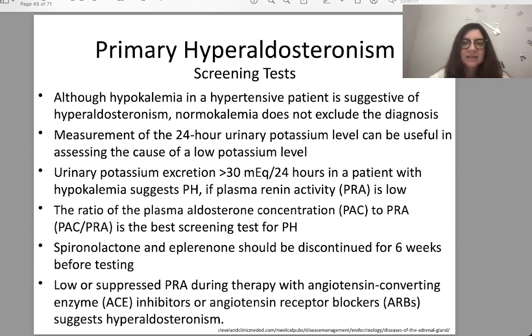If plasma renin activity is low, the ratio of plasma aldosterone concentration to PRA is the best screening test for primary hyperaldosteronism. Spironolactone and eplerenone should be discontinued for 6 weeks before testing, so as not to compensate the situation for making the diagnosis. Low or suppressed PRA during therapy with angiotensin converting enzyme inhibitors or angiotensin receptor blockers suggests hyperaldosteronism.